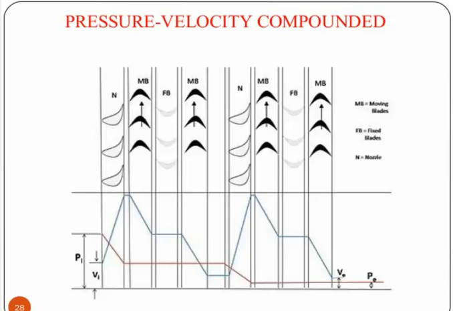In each stage there is one ring of fixed blade and 3 to 4 rings of moving blades. Each stage acts as a velocity compounding impulse turbine.